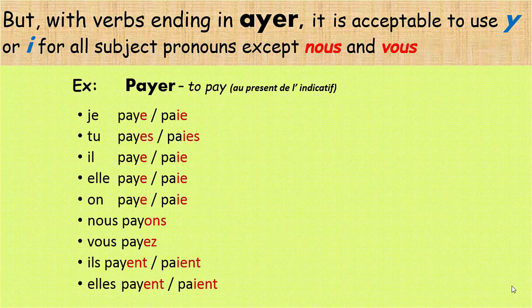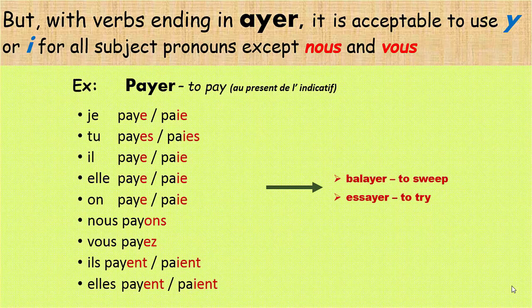Je paye, tu payes, il paye, elle paye, on paye, nous payons, vous payez, ils payent, elles payent. So two examples of this type are balayer, which means to sweep, and essayer, which means to try.